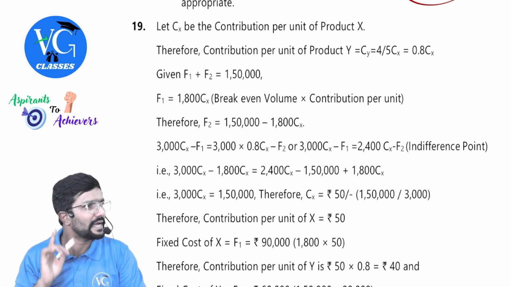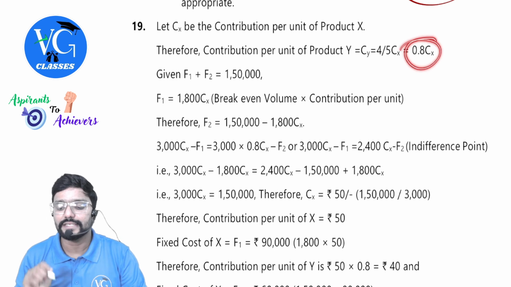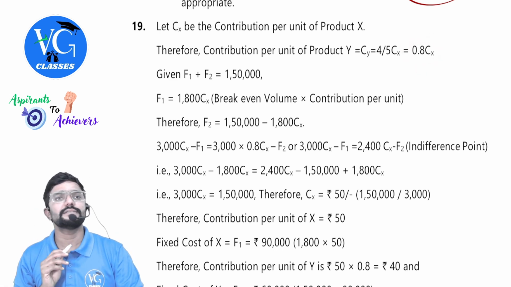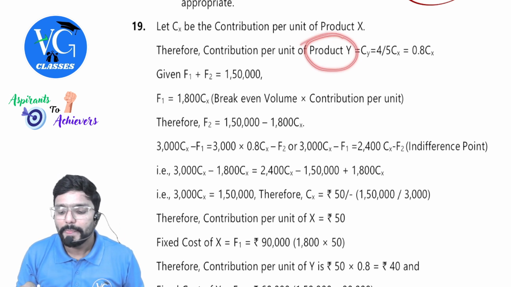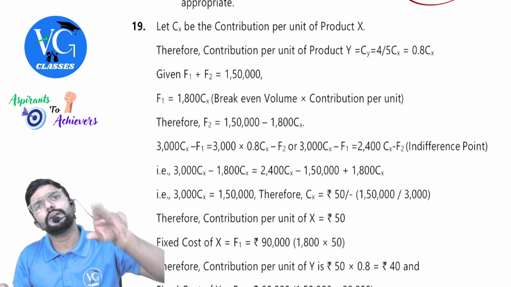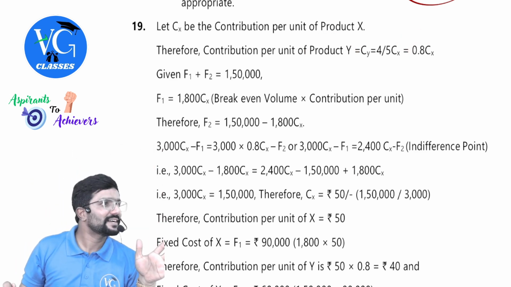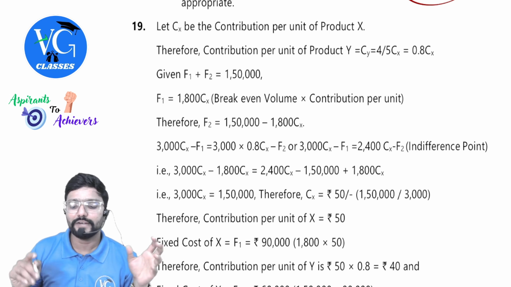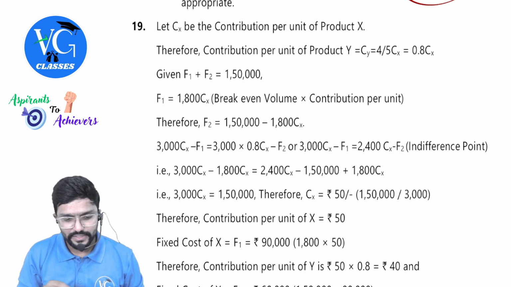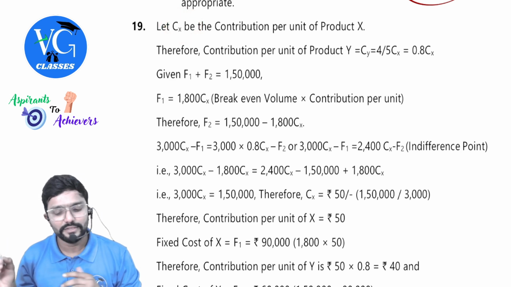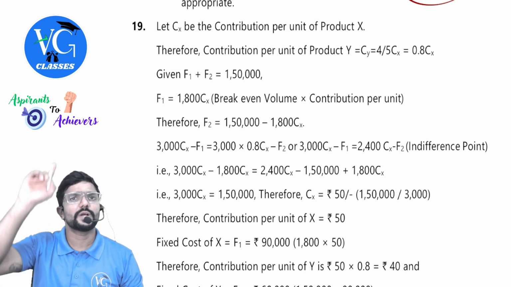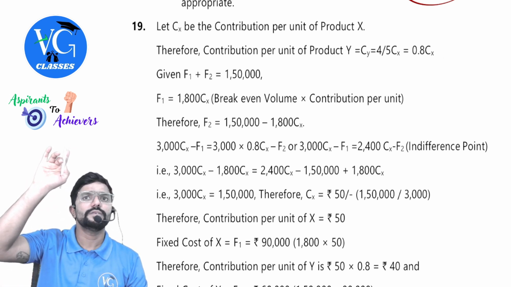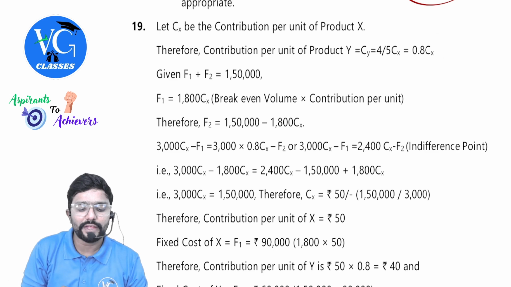That is 80% of Cx. So the contribution per unit of product Y is 80% of the contribution of product X. I have converted both to X: Cx for product X, and 0.8 Cx for product Y.